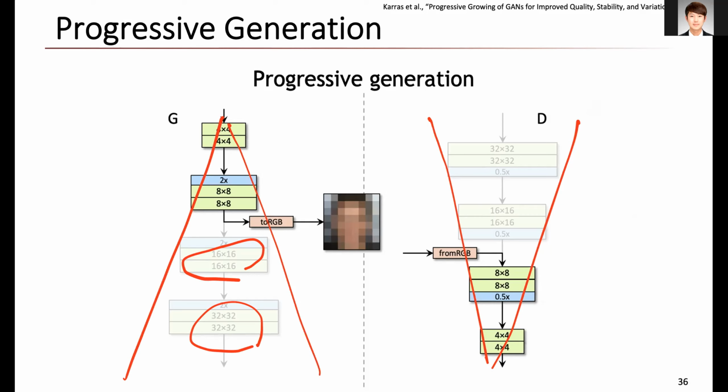And after that, we can do 1000 by 1000 image generation. So this is the progressive generation technique. This is called ProGAN, in ICLR 2018.